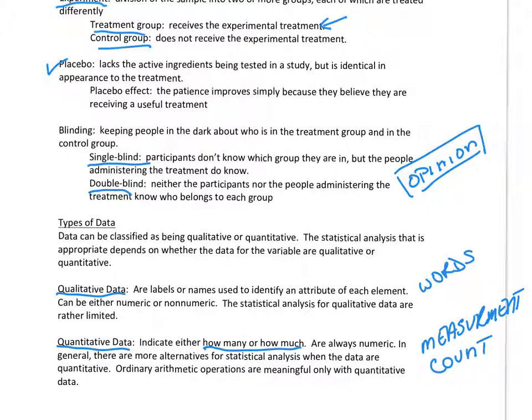You can count them up. What's the temperature outside? That's a measurement. How much do you weigh? That's a measurement. How old are you? I guess that's a count or a measurement, depending on how you look at it. How many letters do you have in your name? That's a count.